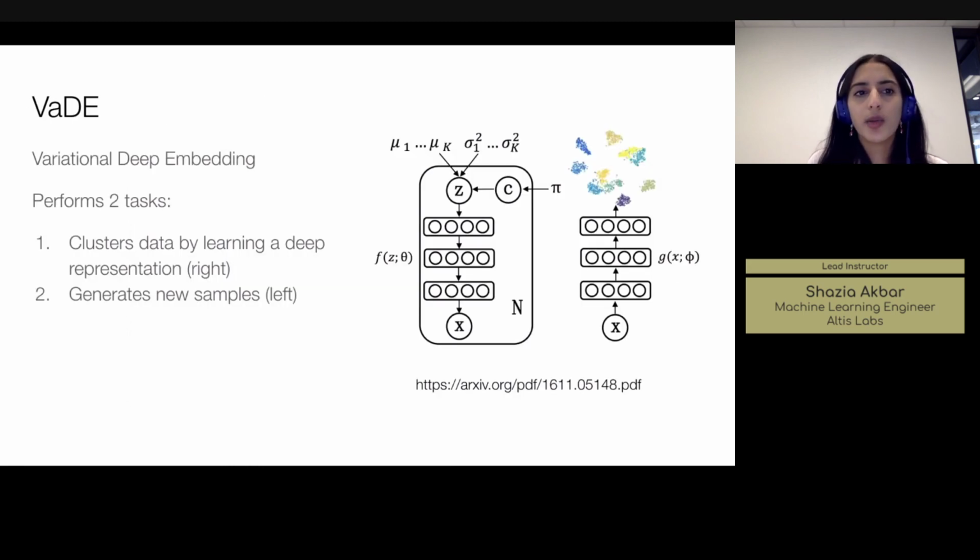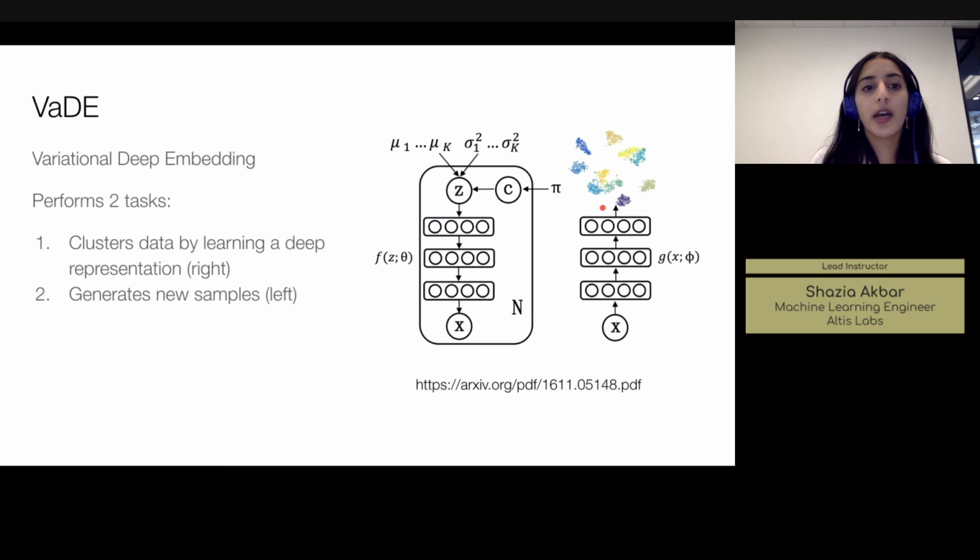So VaDE actually works on top of a variational autoencoder in that we have both an encoder term and a decoder term as well. And the task that VaDE needs to perform is to generate new samples, which we were doing already. So this is the generating new samples component shown on the left here.